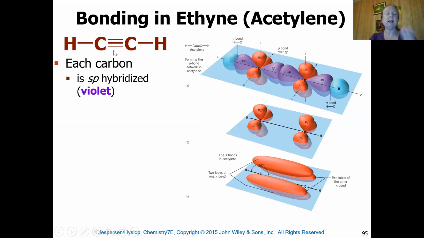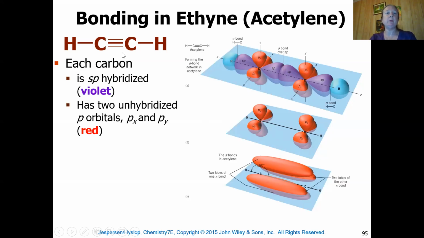If you're asked how many bonds are between the carbon-carbon, you have 3: 1 sigma, 2 pi. If you are asked how many bonds in the entire molecule, you have 5: 3 sigma, 2 pi. And if you are asked what are the types of bonds, you have 3 sp hybridized bonds.